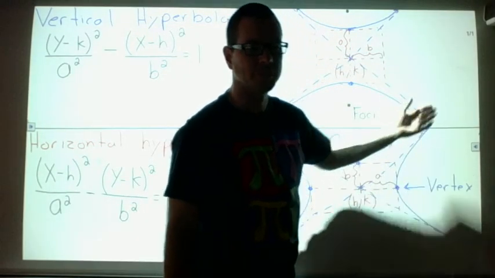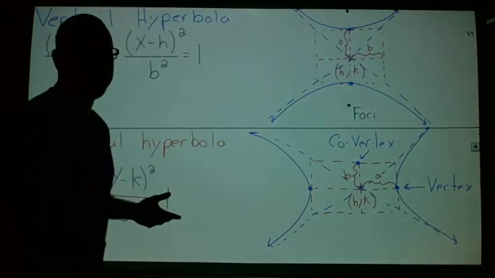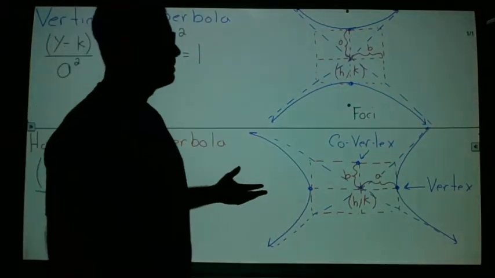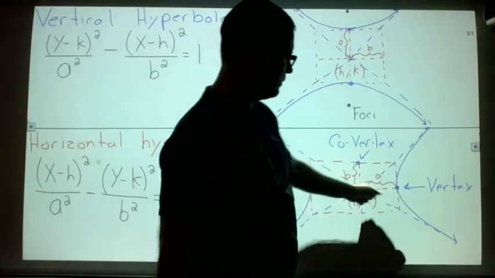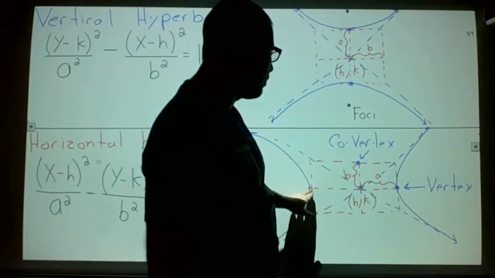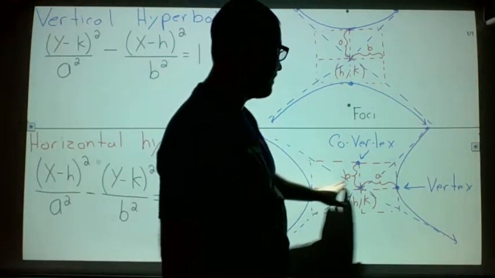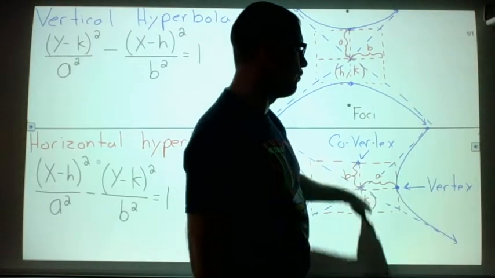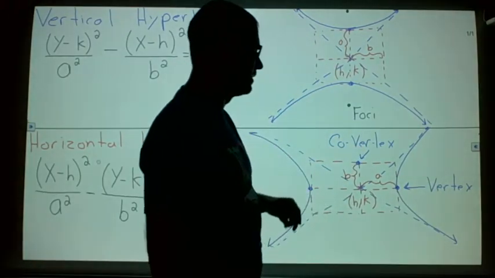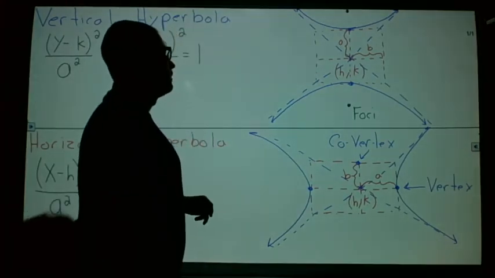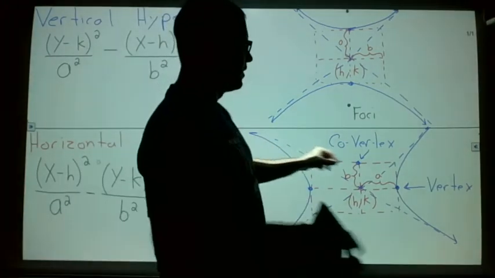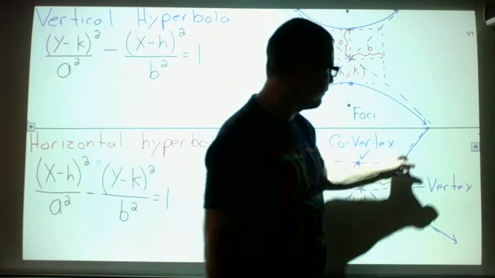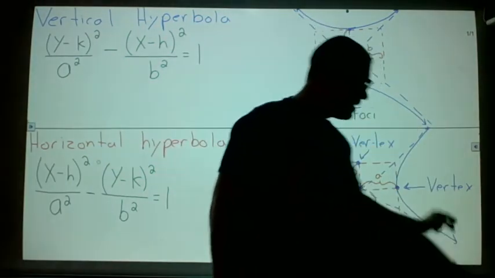We like asymptotes because they give us the form of the graph, so we just follow the asymptotes. And then, at the midpoint of my rectangle, I have vertices: vertices in the direction of opening, co-vertices in the direction that is not the one of opening. And then I just follow my asymptote. So I start at the vertex, and I follow the asymptote out.